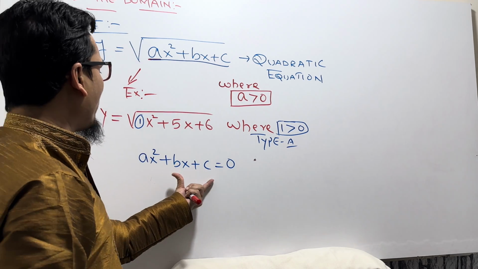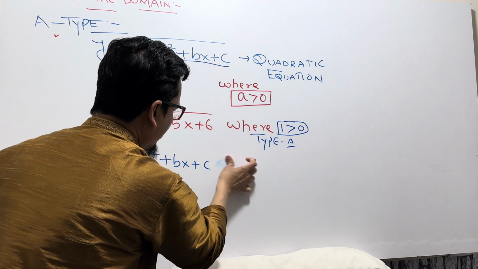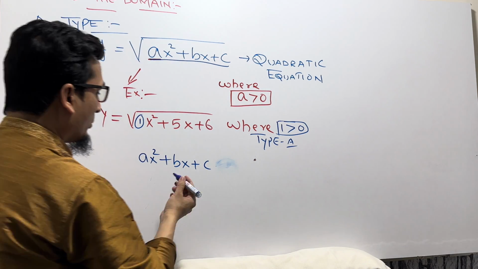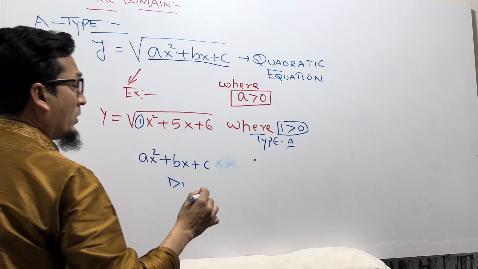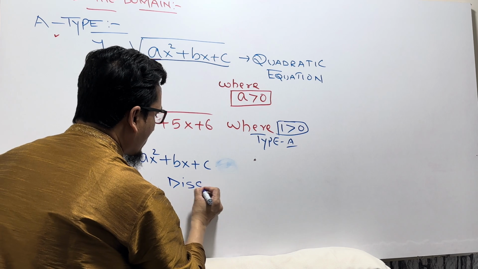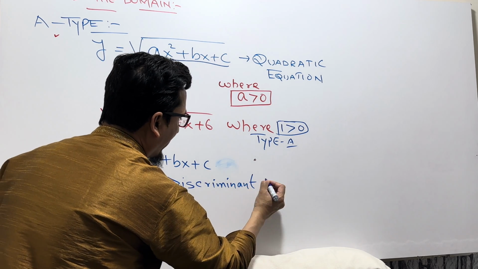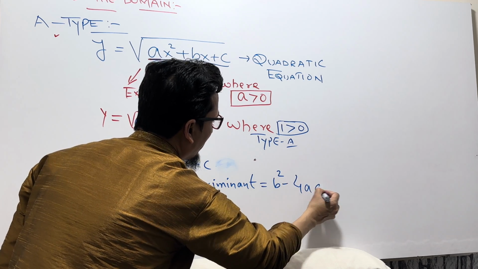Don't write 0, it doesn't matter. And here you know we can find the discriminant. This you have already studied in quadratic equations, discriminant, which is equal to b square minus 4ac.